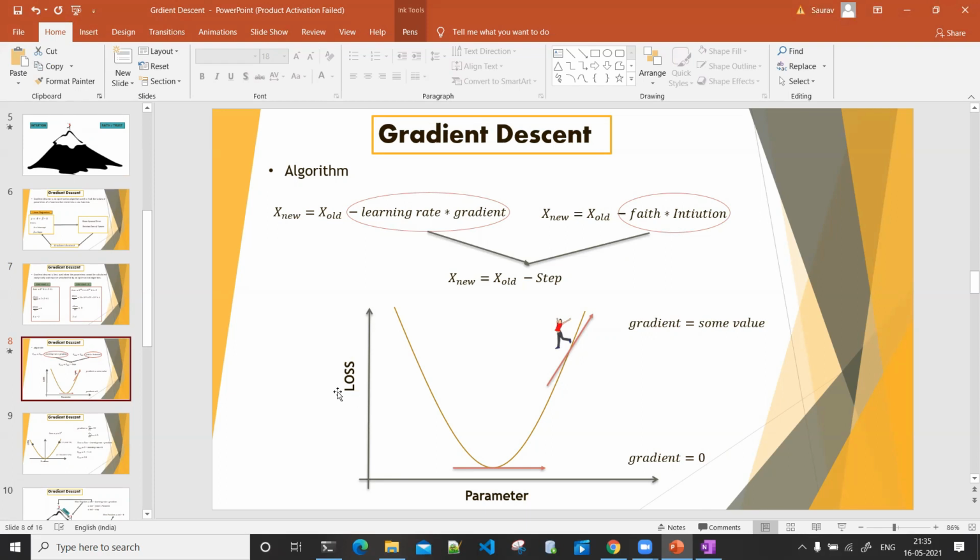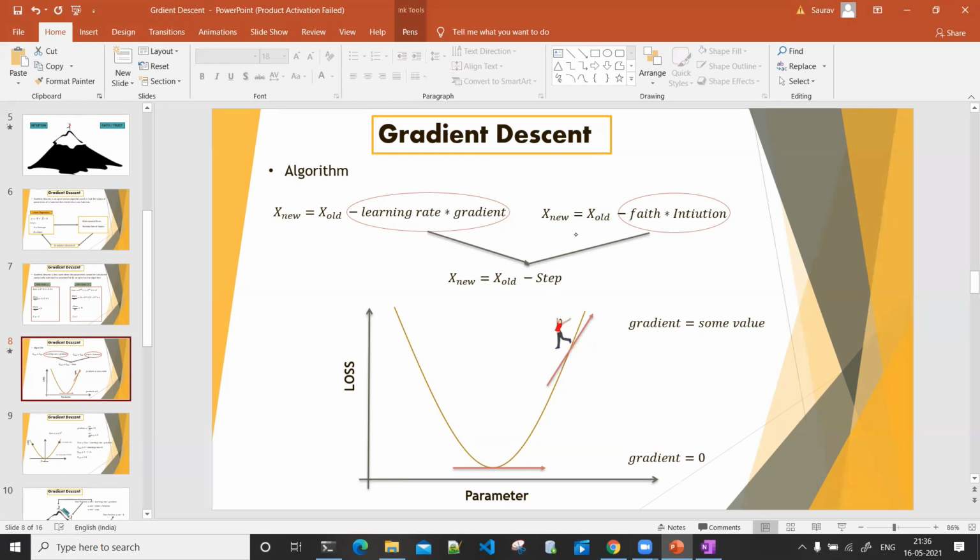I mean, how the loss is changing when we change the parameter. Here the person is standing and you can see that the steepness is going to be very high, right? So in this case the gradient is going to have some value.